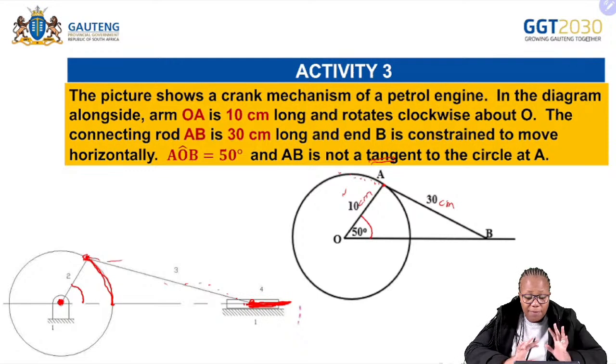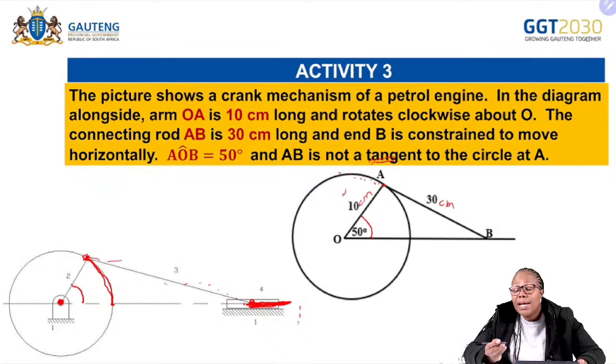We have analyzed everything now, grade 12s. That angle A is not 90 degrees because it is not a tangent. It would be 90 if that line AB is a tangent, because a tangent is perpendicular to the radius. But that is not the case in this particular problem.